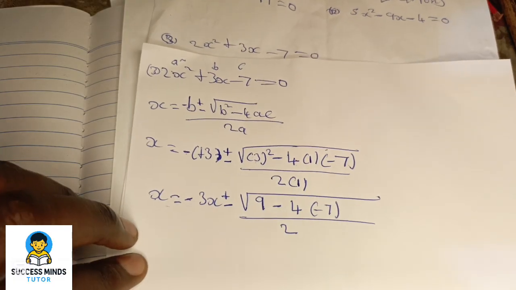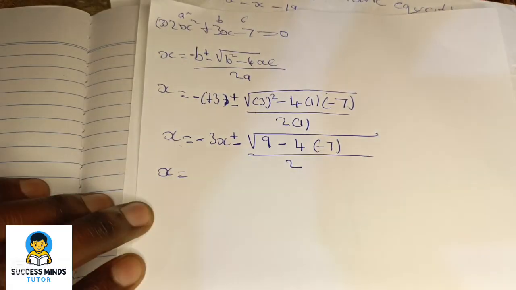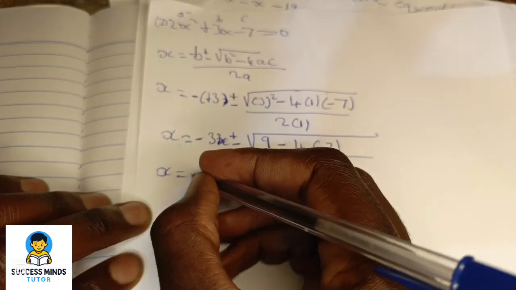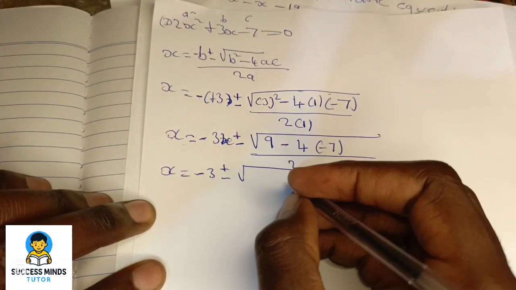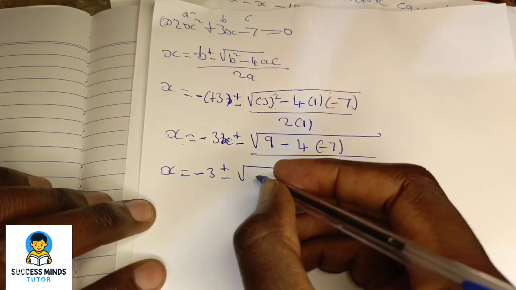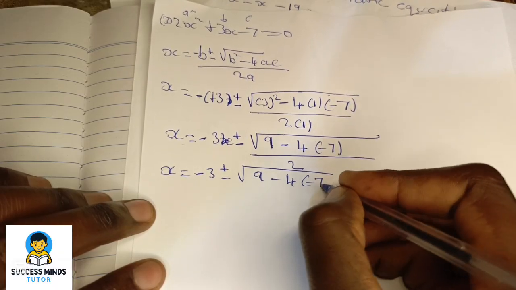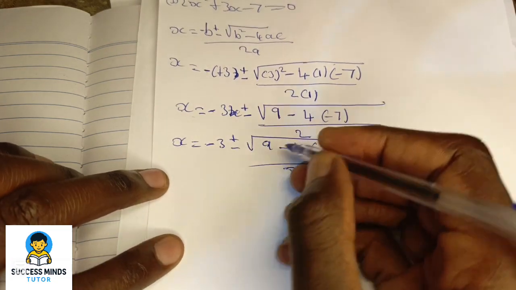So here you're going to say x equals, oh, sorry, there is no x here, guys. It's a -3, sorry. So you say -3 plus negative, then you open bracket. Here we have 9, now 4 times -7 over 2. I was just copying the same thing here so that we understand it.